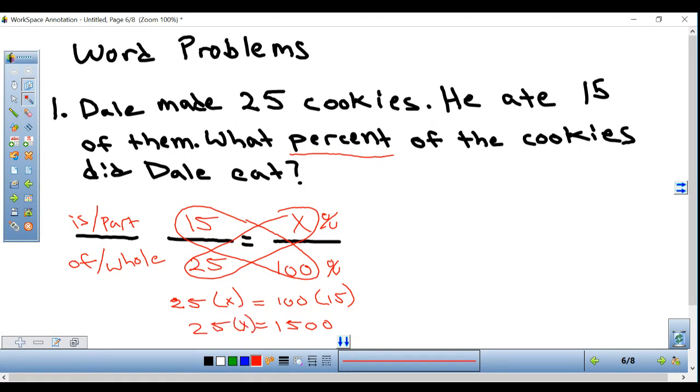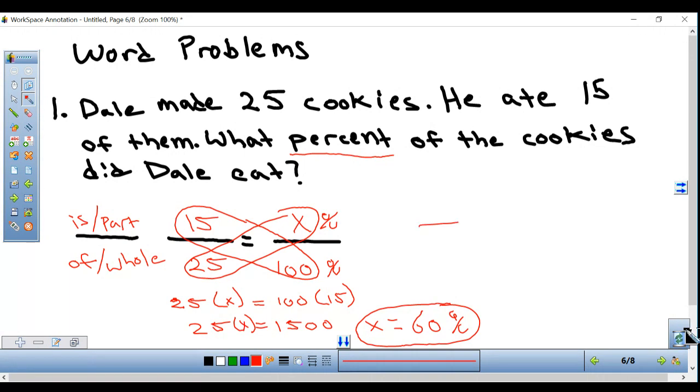And when we divide 1,500 by 25, we're going to get 60. 60 what? It's above, the x is above the 100%, so 60%. Dale ate 60% of his cookies.